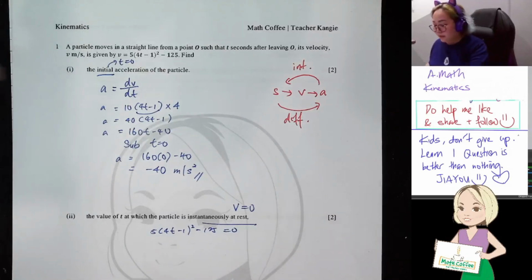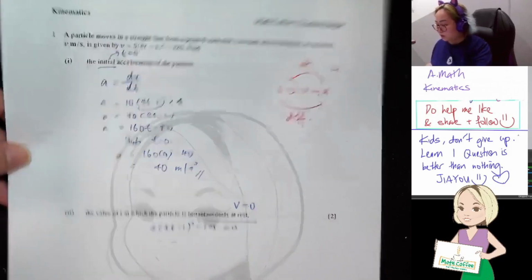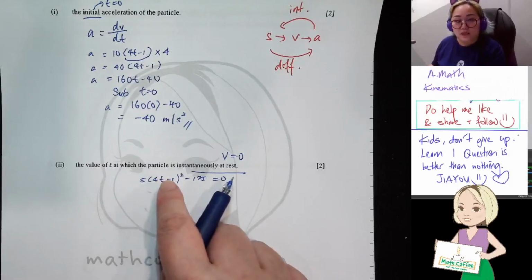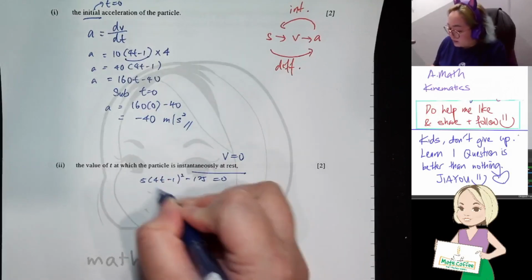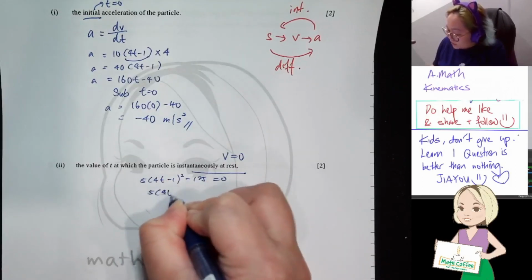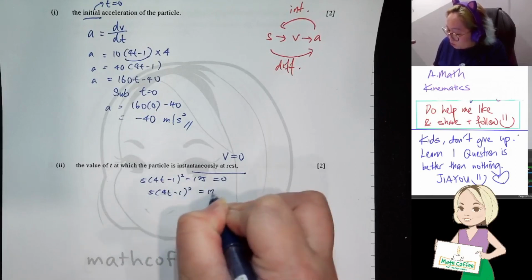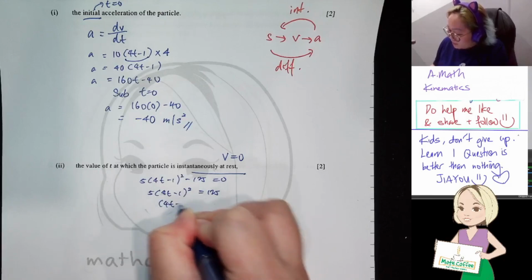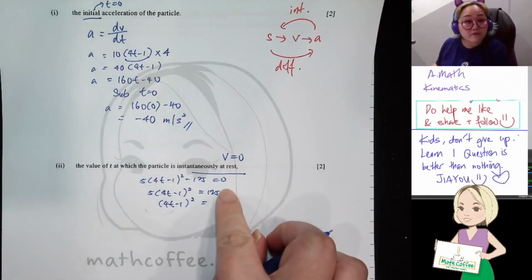Some students may think, straight away, I'm going to solve this as a quadratic equation. But for this situation, I don't have to expand. See how I solve this. So 5(4t minus 1) squared equals 125, so bring over, (4t minus 1) squared equals 125 divided by 5.